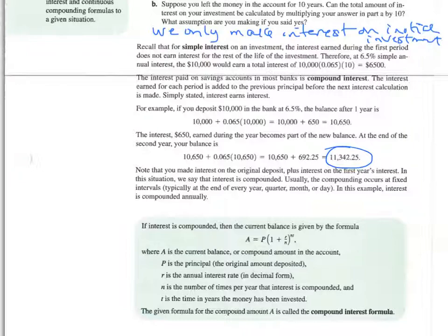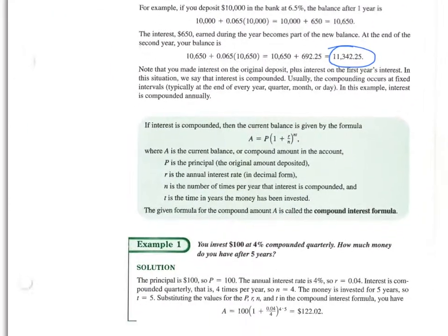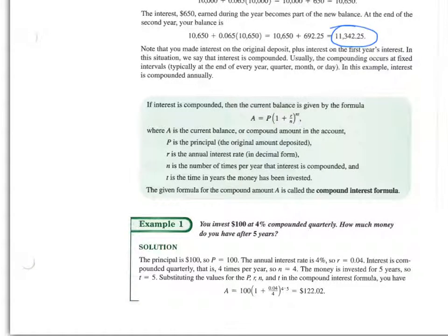This formula they're giving us down here is for when interest is compounded. Sometimes interest is compounded annually, semi-annually, monthly, quarterly. This formula is how we figure it out if it's not simple interest, if it's compounded interest.